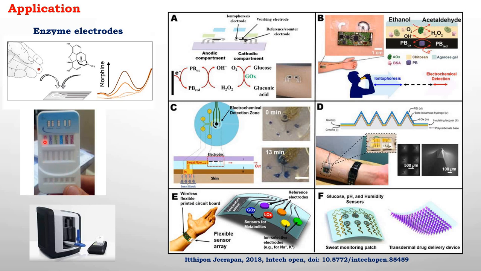So simply using the enzyme immobilization technique, a single drop of blood can give you the result of different arrays of enzyme reactions. This technique is hugely used in detecting narcotics.